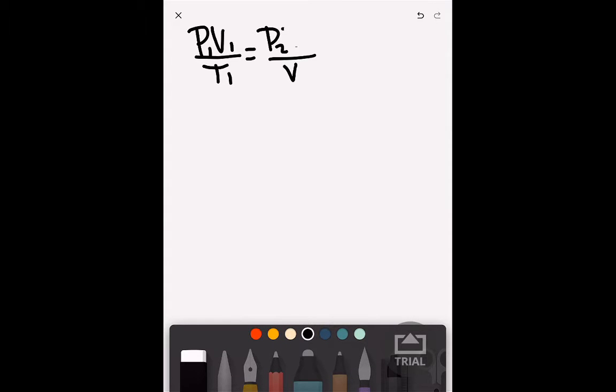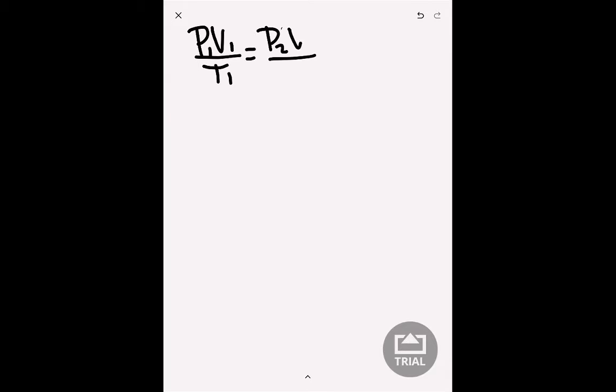You can tell I'm a little bit perturbed trying to figure this out. Okay, so it says that we have 2.75 liters, we have 20 degrees Celsius, we have 2.46 liters, and we have, what is the temperature?